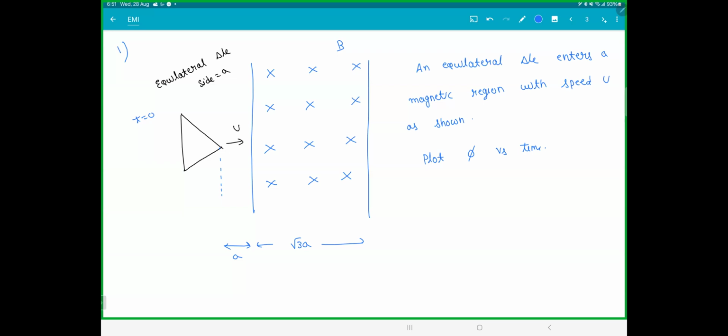Let's get this. This is more of a geometry problem again. Plot the flux versus time.